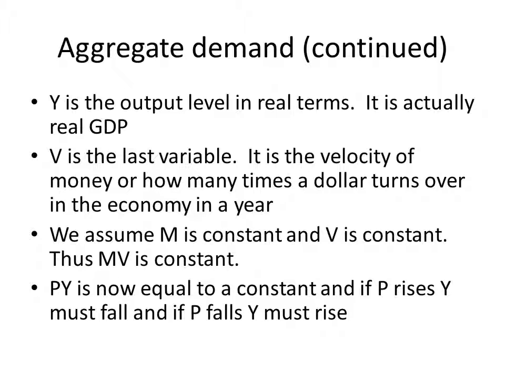The last variable we look at is V. Now, V is an unusual one. We haven't talked about that, and I'll make this as simple as possible. It's called the velocity of money, or how many times a dollar turns over in the economy in a year. What we mean by turnover is how many dollars worth of goods that $1 can buy during the year.